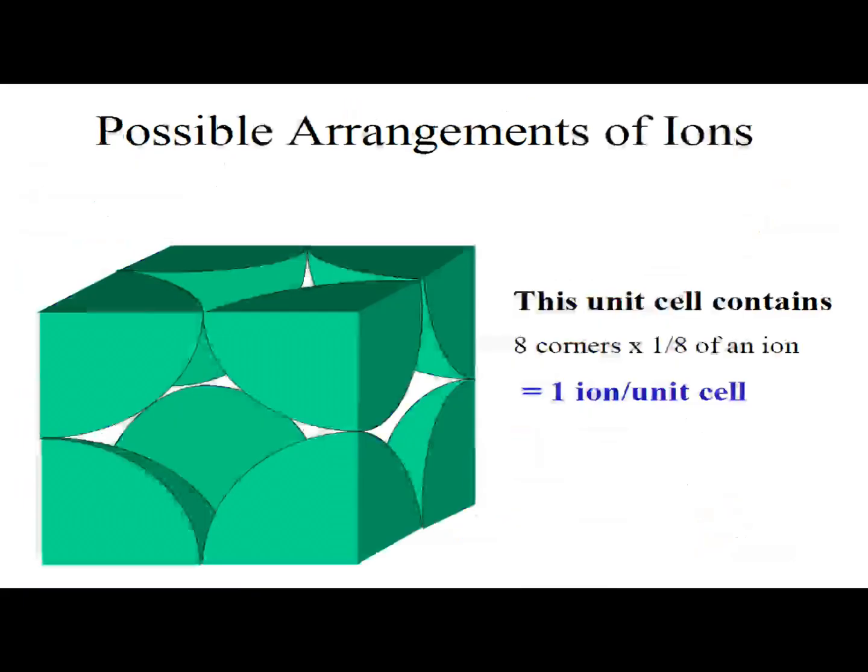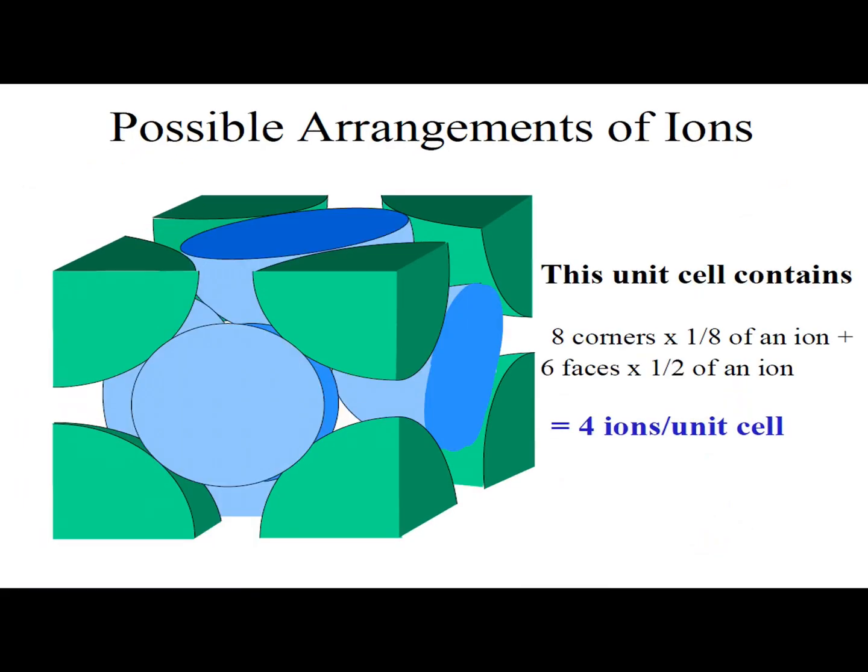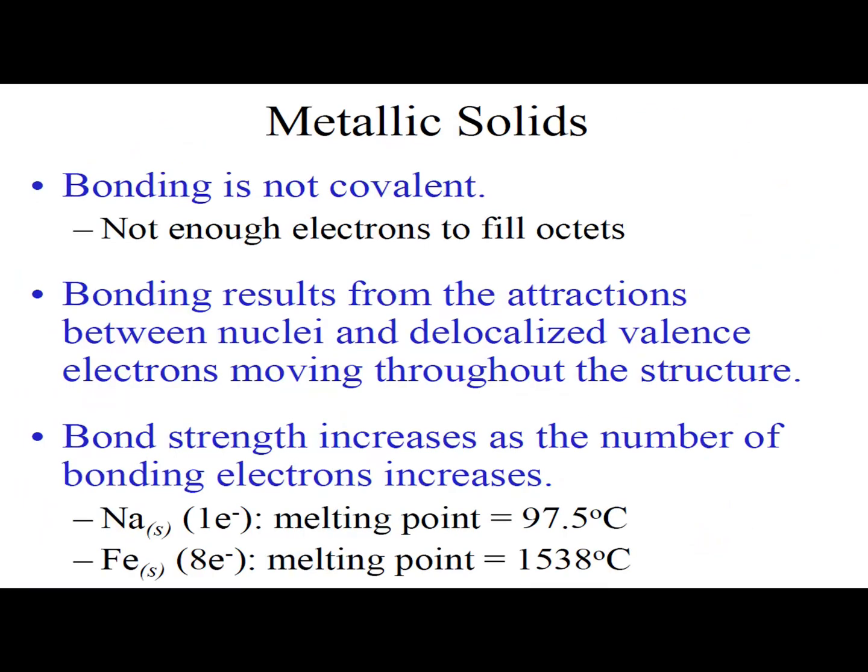This gives you some possible arrangements. You do not need to memorize the structure. These images are here to help you visualize the possible arrangement of ions in ionic compounds. So I'm just going to flip through these, just some possible arrangements of ions.